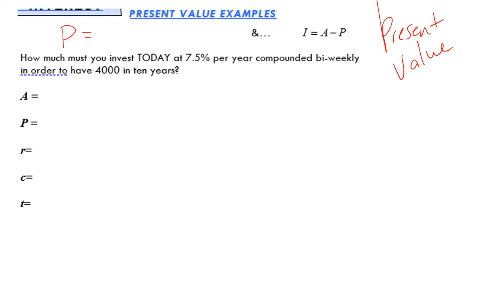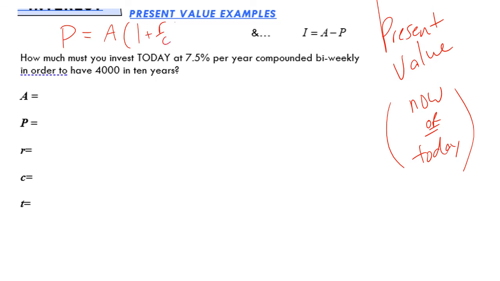Remember, we're looking for words like now or today. Maybe we'll write those, now or today. Those aren't the only words we're looking for, but that's 2 of the key ones. So back to our formula. P equals A, 1 plus R over C, and then remember our exponent is negative.